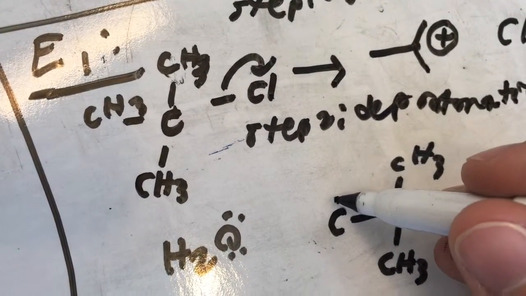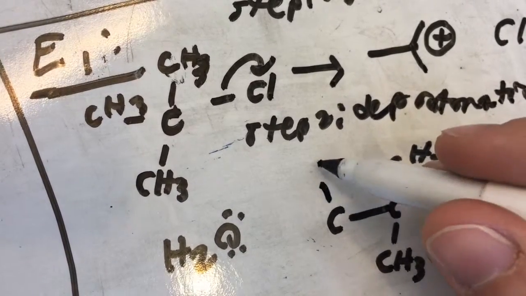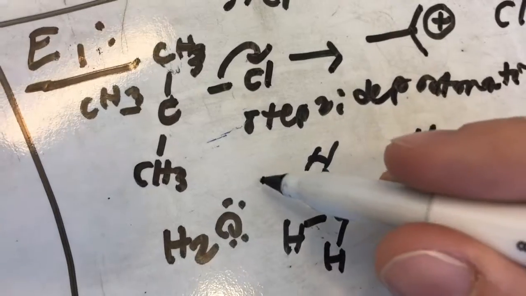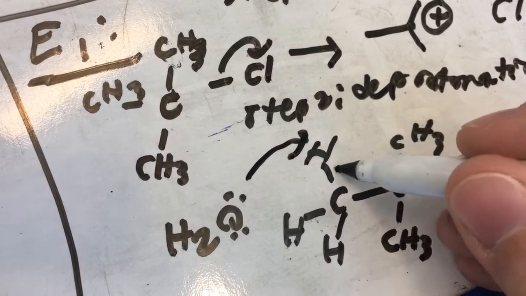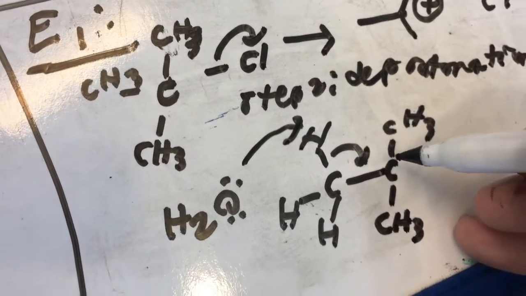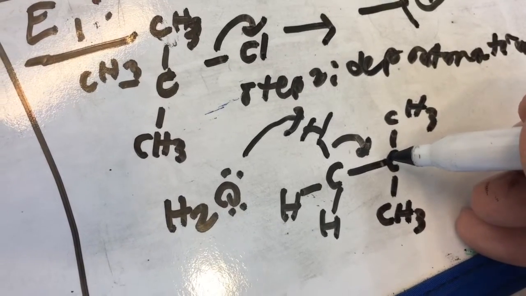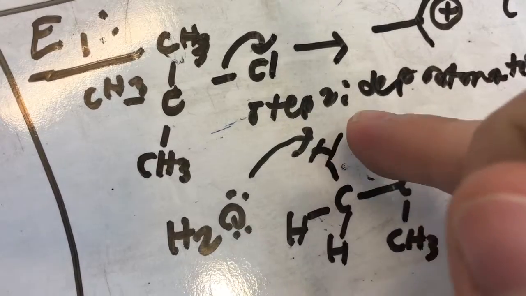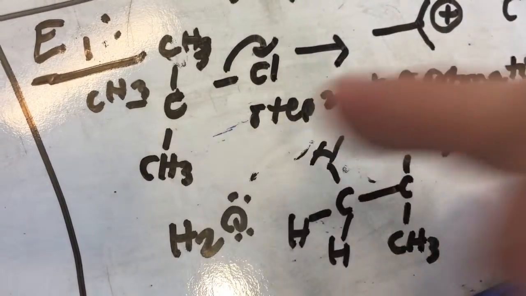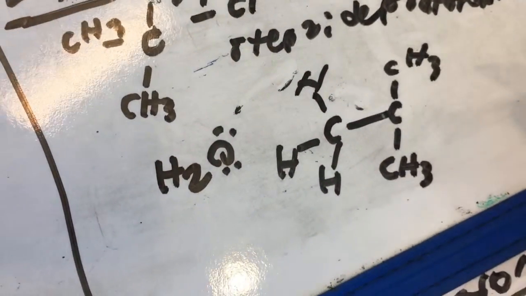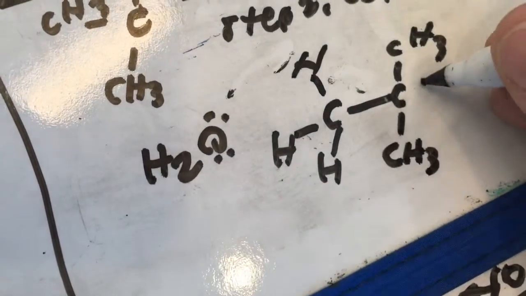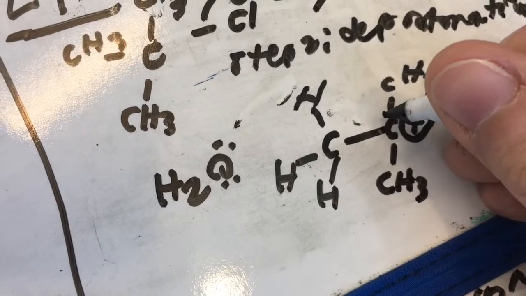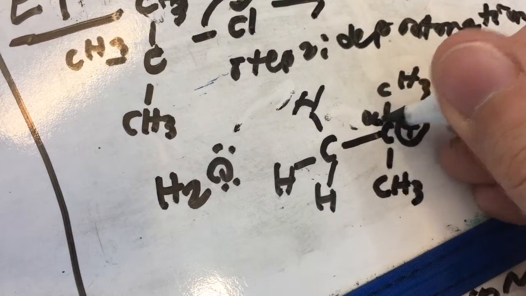And then here I have H. So it goes over here. Is that correct? Wait a minute. Okay, so this is the carbon with the positive charge. This carbon is going to be our alpha carbon.